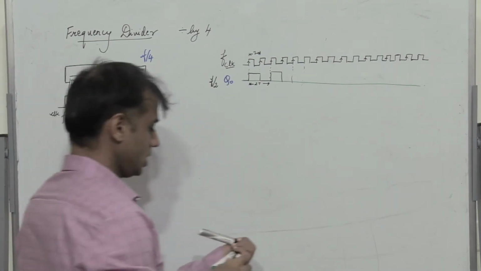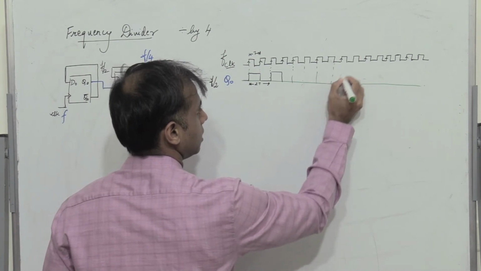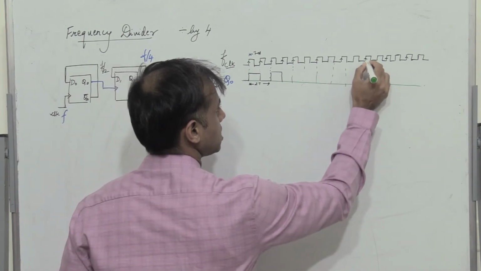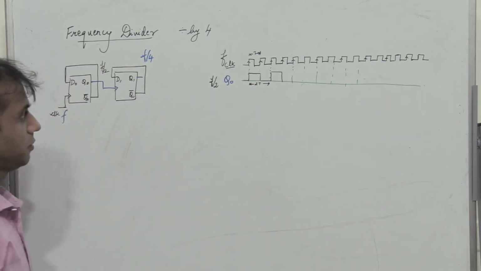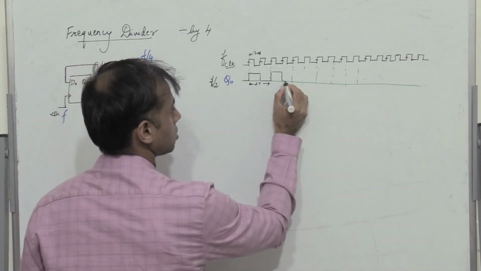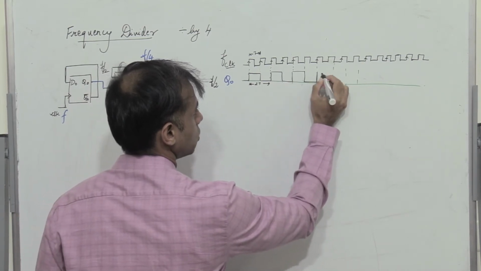Okay? So at the rising edge of the clock pulse, I find that this output state of Q0 keeps changing. So you have, it changes from 1 to 0, 0 to 1, 1 to 0 and so on.